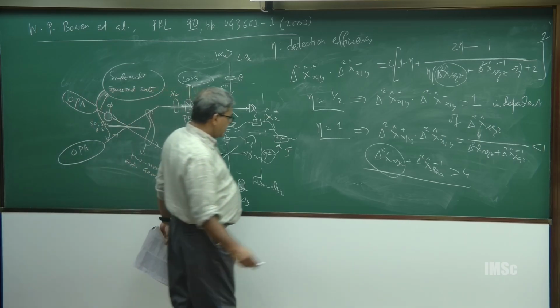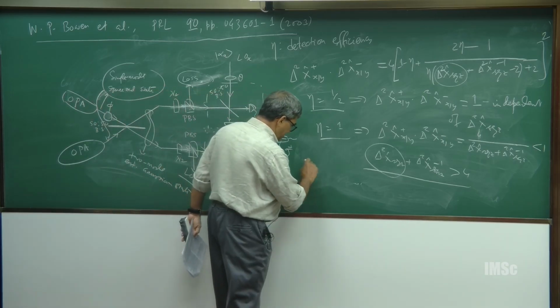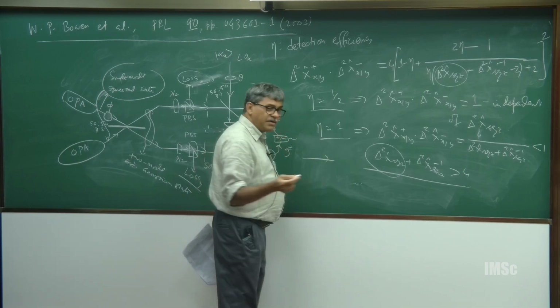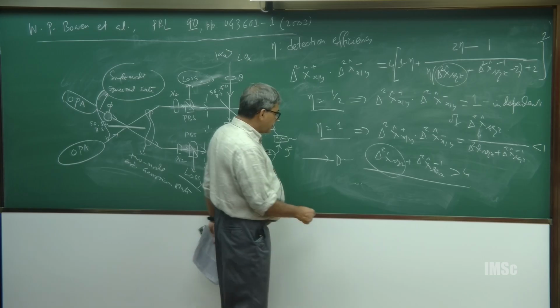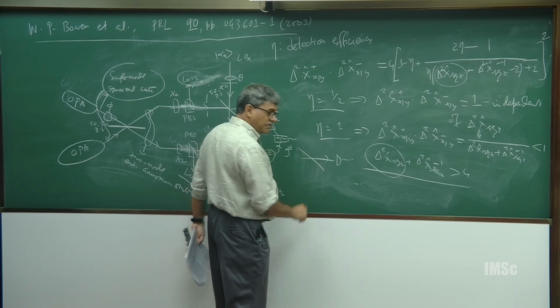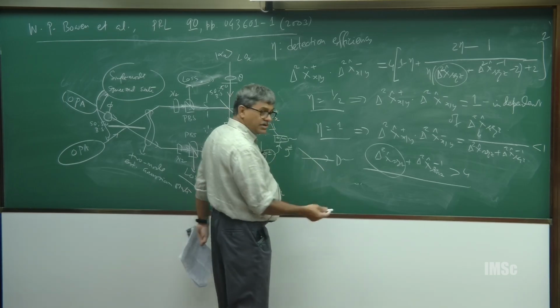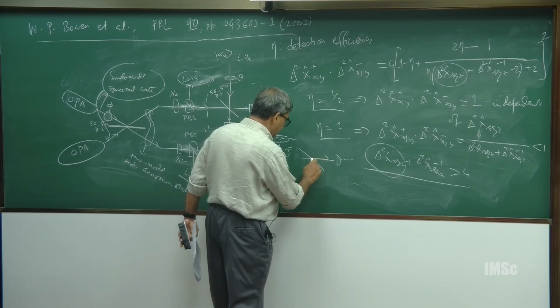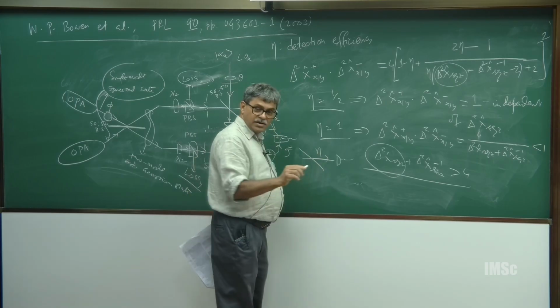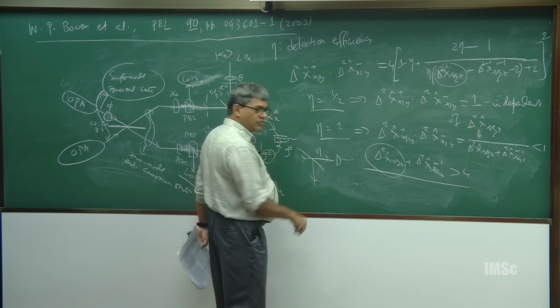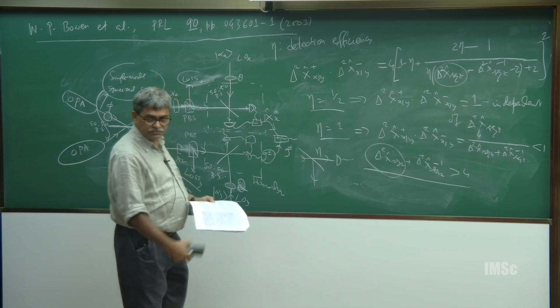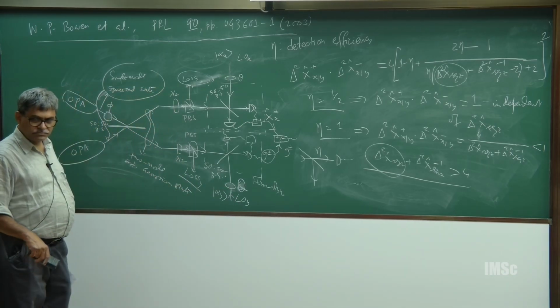A 100% efficient detector means everything will pass through the detector, right? And if it is not 100%, you can put a beam splitter with some transmittivity and reflectivity. So, this amount will go through and then the reflected beam will come through. This operation leads to loss in intensity.